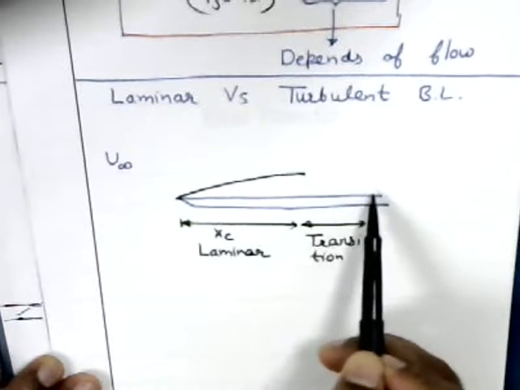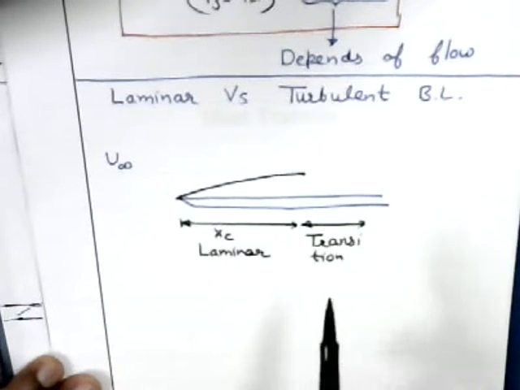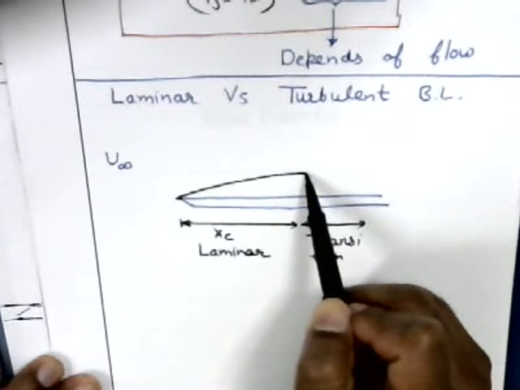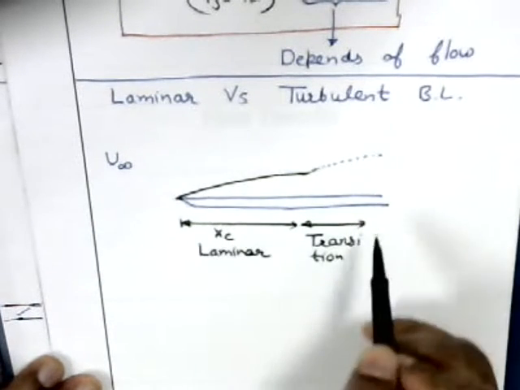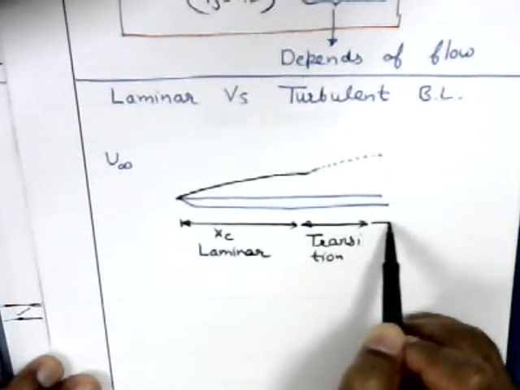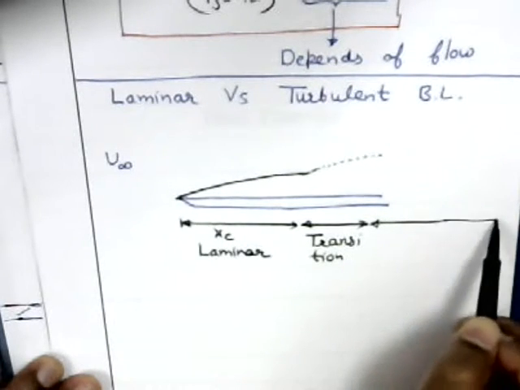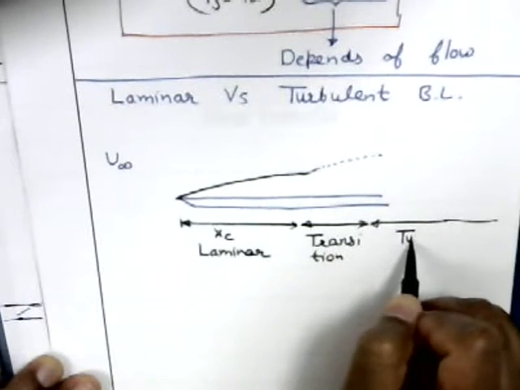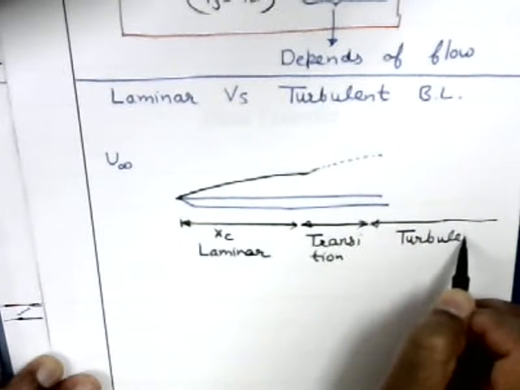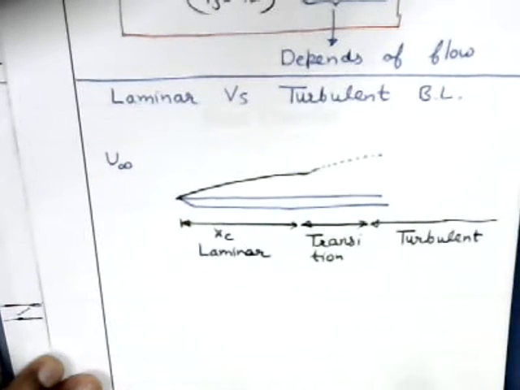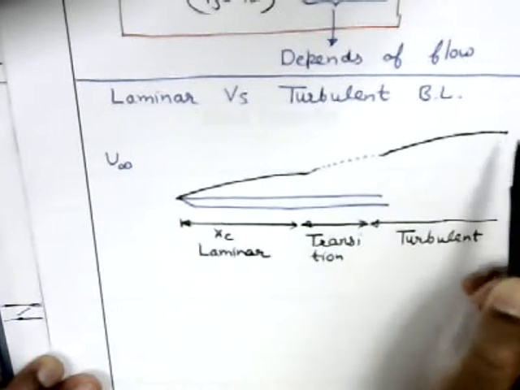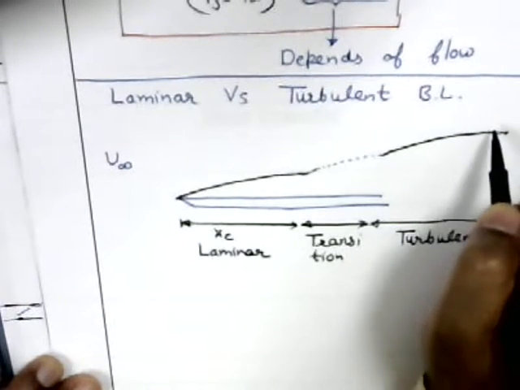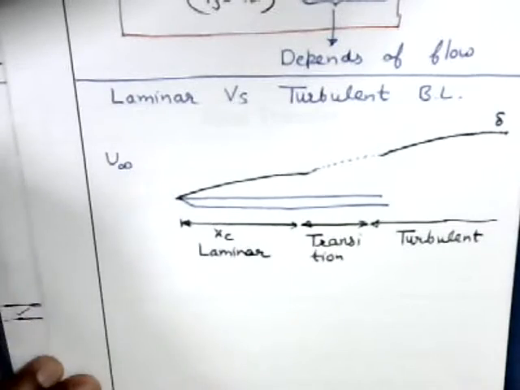In some region it is laminar, in some region it is turbulent, and the boundary layer begins to grow at a faster rate. From this point onwards, the boundary layer becomes entirely turbulent, and it grows at a faster rate. So it looks like this. This is the hydrodynamic boundary layer thickness delta.